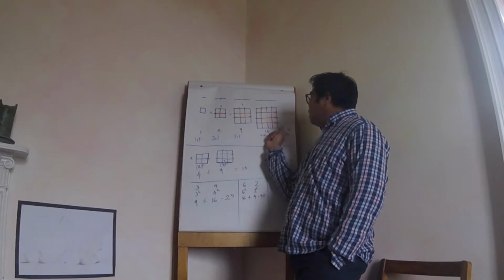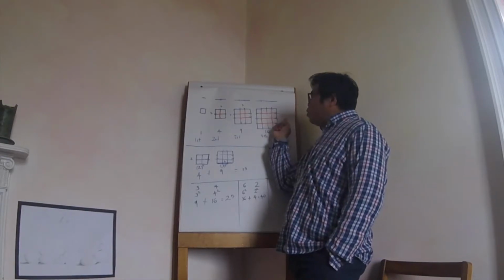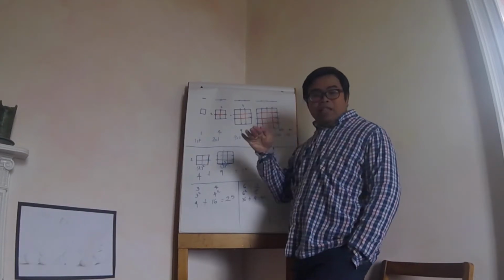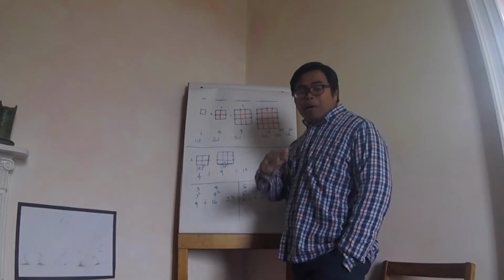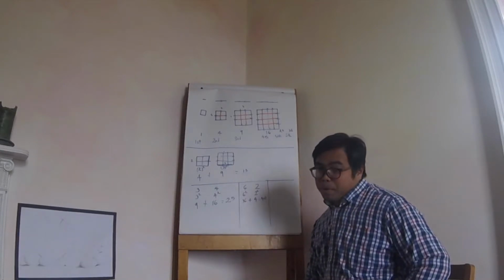Okay, now there is no drawing here. That is a square number, 25, but we don't have a space for drawing. What's the length of the line before we squared it? 5. Yes, now I'm going to make a jump.